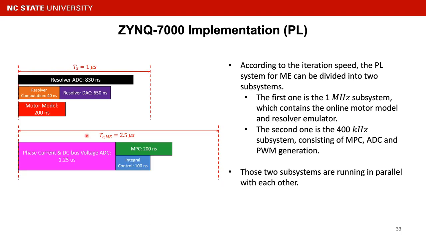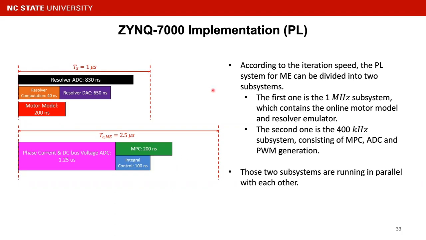Because here we set the motor model to iterate at 1 megahertz, and the controller is iterating at 400 kilohertz. For such a high requirement, there's no way we can achieve this on the PS side. So that's the reason we put all our algorithm and the controller on the PL side.